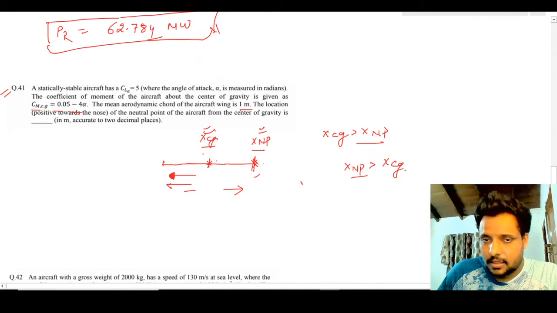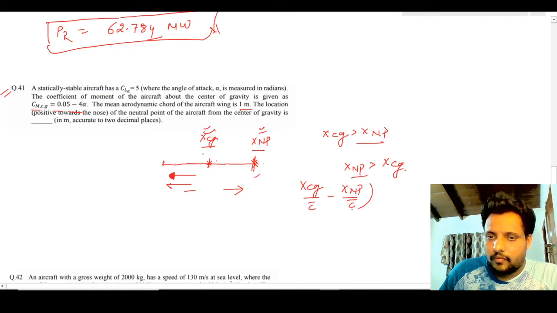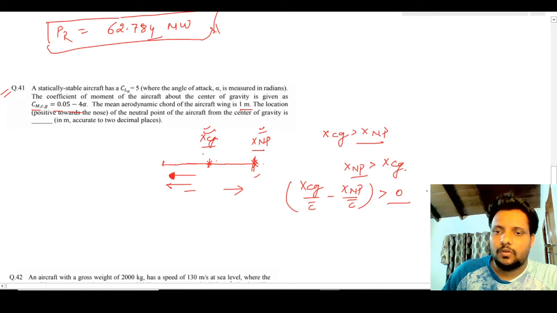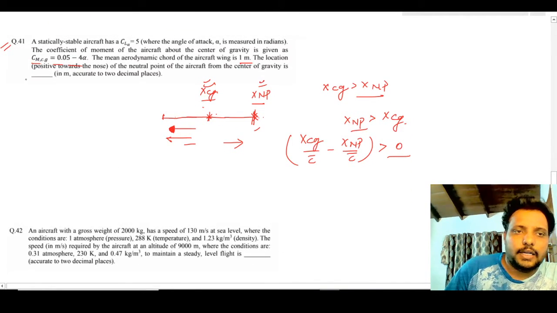That means XCG by c bar minus XNP by c bar will be considered as positive.